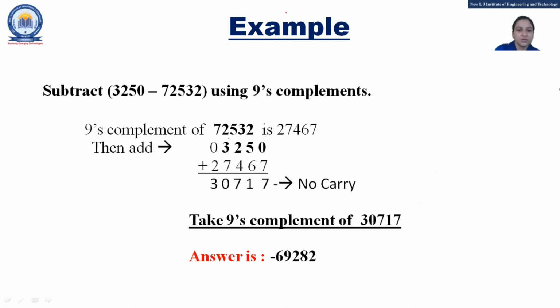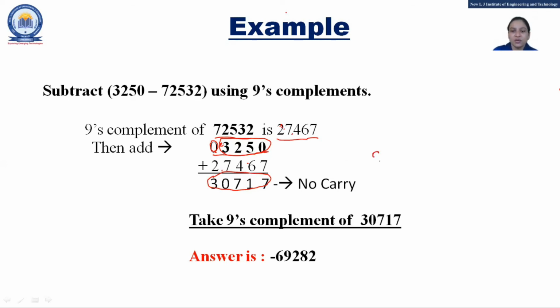First of all, we find the 9's complement of this, that is 27467, and now we add it to the first number. The first number has only 4 digits, so first we have to make the number of digits equal. So we append 0 to the first number, and add the 9's complement of the other number. Whatever answer we get, no carry has been generated. So in the case where no carry has been generated, we again take the 9's complement.